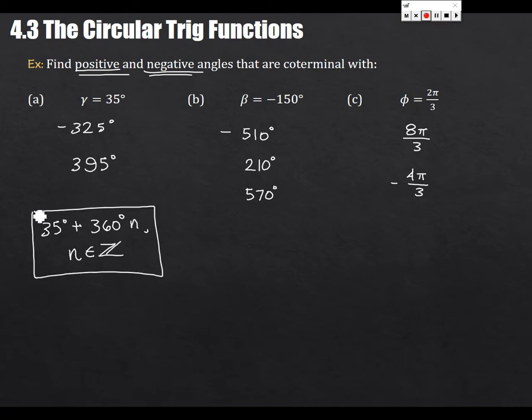Any integer. So for example, if you don't believe me that I have every single one written down now, if n is 0, that's an integer, then we get this angle, the original one. If n is 1, we get this angle. If n is negative 1, we get this angle. And if n is any other integer, you get every other thing that would be on someone's list. So that's kind of nice.